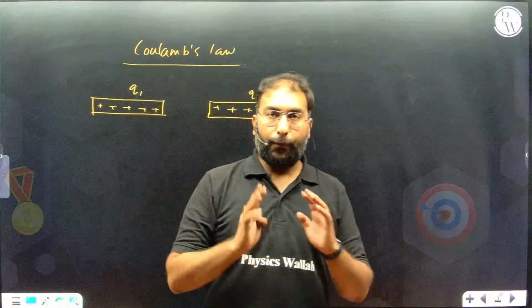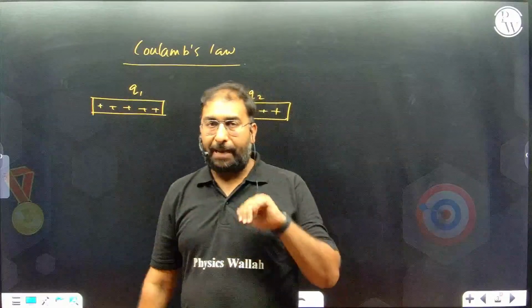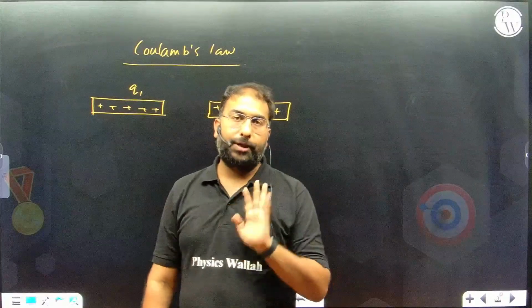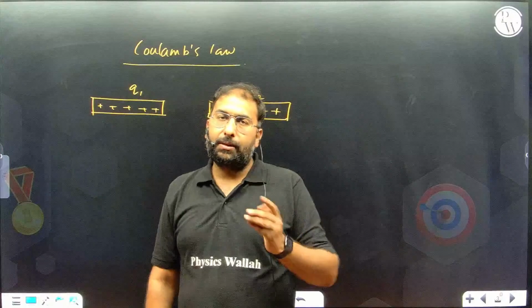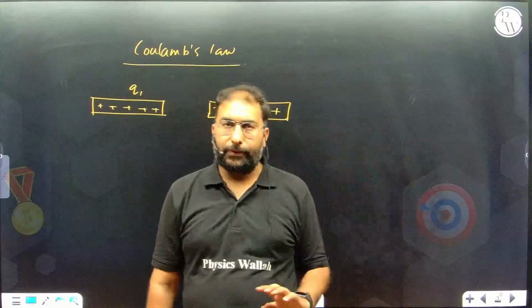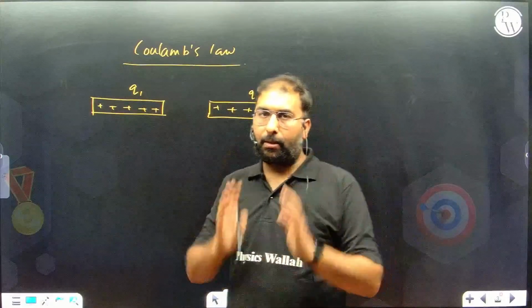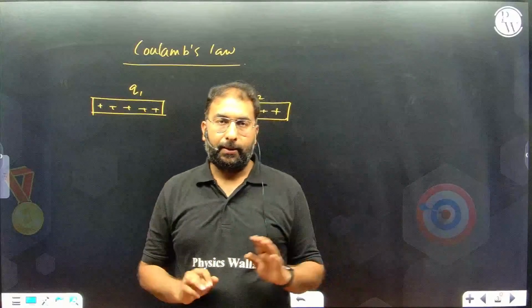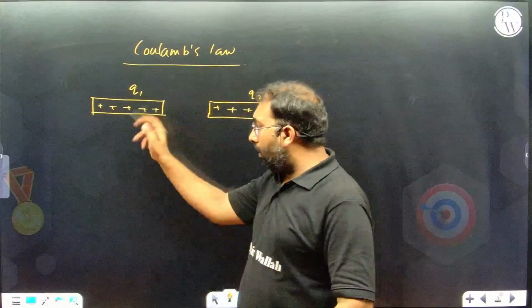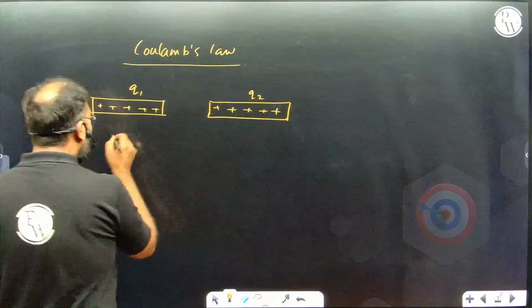Whenever we have to apply Coulomb's law, primarily we are going to apply it for point charges. In some conditions it might be applied in other conditions as well, but right now I'm not going to discuss that. So just understand very clearly that initially we are going to apply it only for point charge particles.